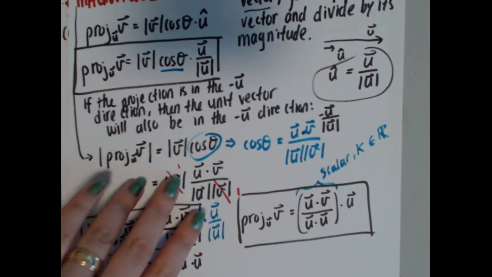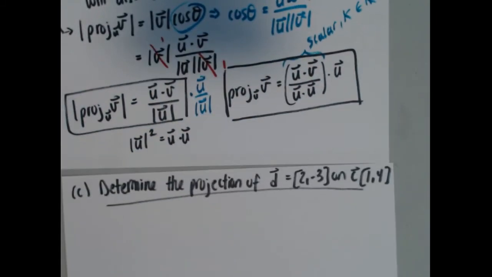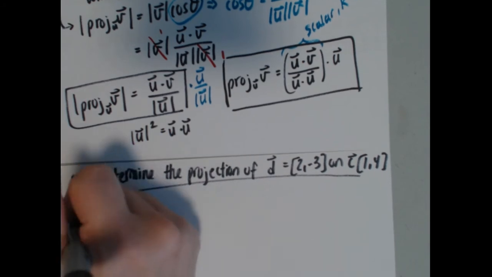Okay, so I'm going to actually take this and copy it down onto the next page. So let's do this. Okay, so take this formula and just write it down here so you have it.